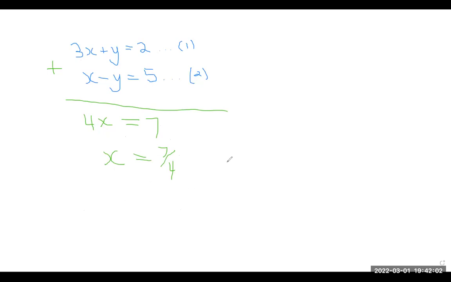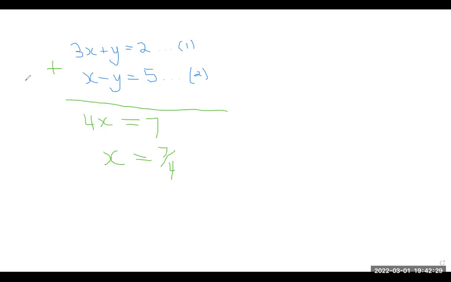Now that I have my value for x, I could substitute it into either one of these equations to find the value of y. You should get the same answer if you choose this one or if you choose this one, right? Looking at these two, I would prefer this one, just because in this first equation I have to multiply it by 3, which I don't really want to do.